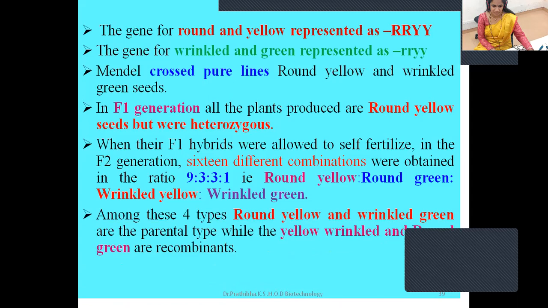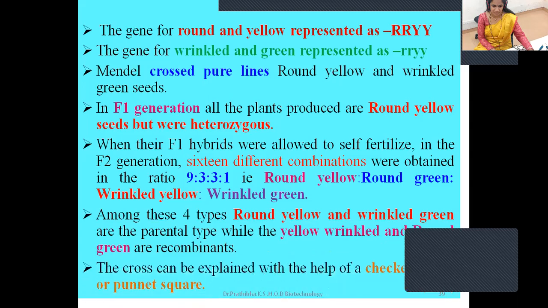They resemble the parent characteristics, while the yellow wrinkled and round green were recombinants, right? The cross can be explained with the help of a checkerboard or Punnett square. This is the explanation you're supposed to give below the dihybrid cross.